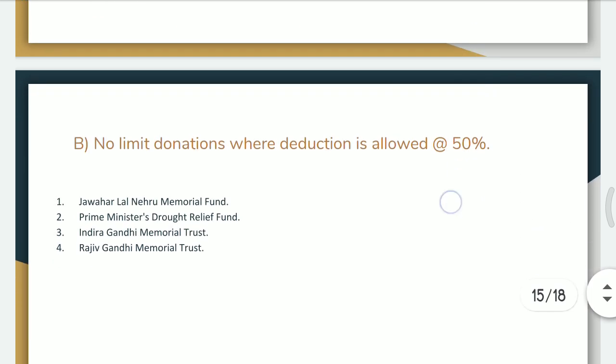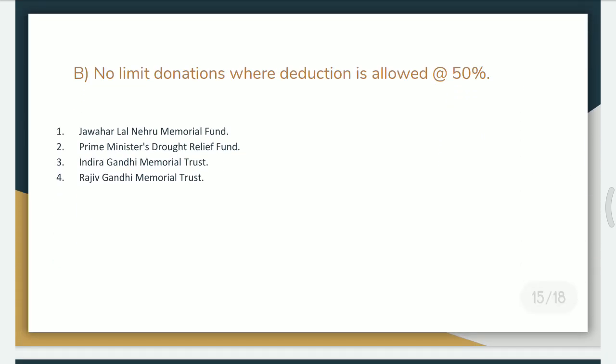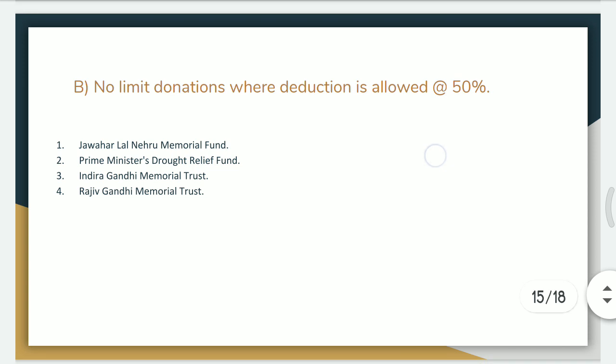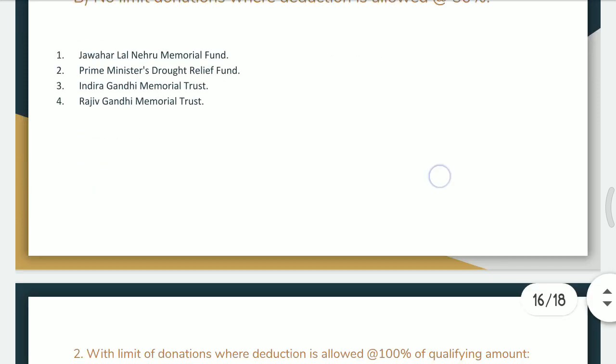No limit donations where deduction is allowed at 50%: Jawaharlal Nehru Memorial Fund, Prime Minister Drought Relief Fund, Indira Gandhi Memorial Trust and Rajiv Gandhi Memorial Trust.